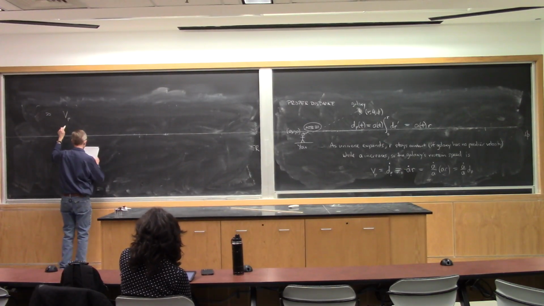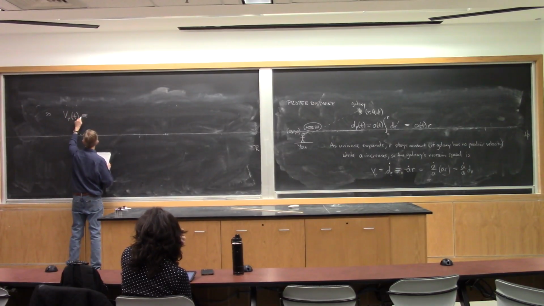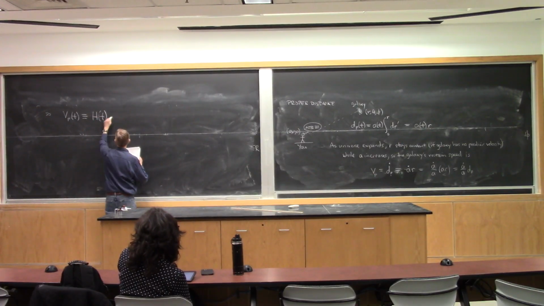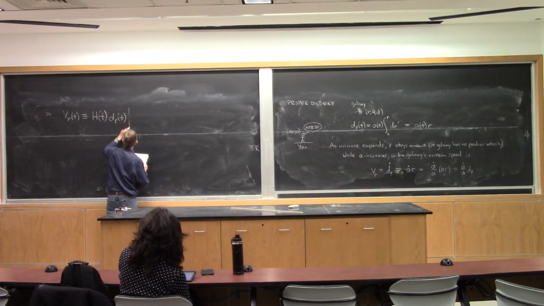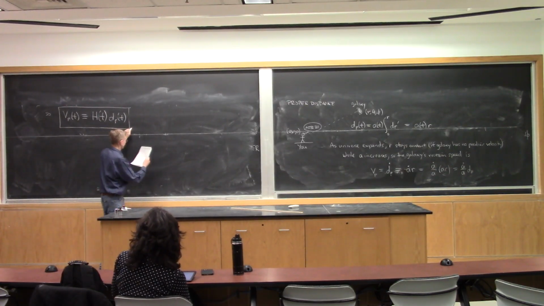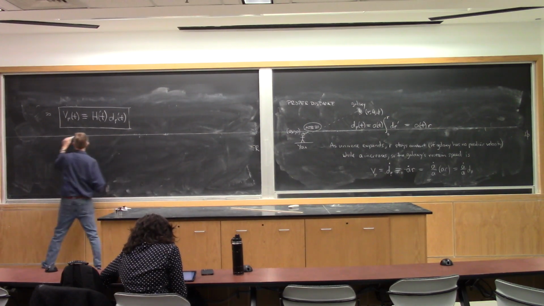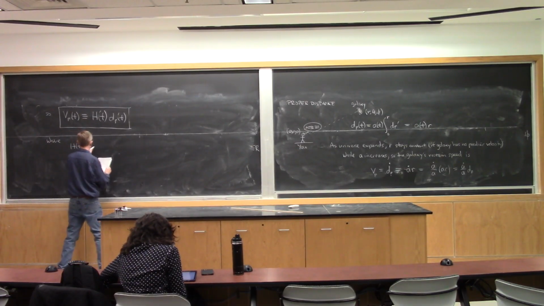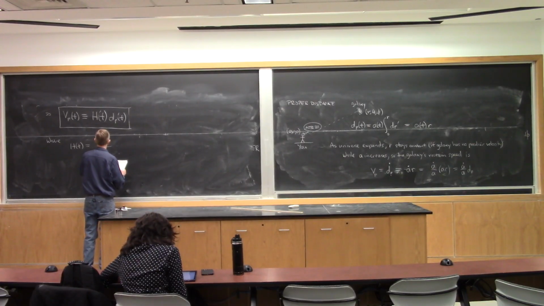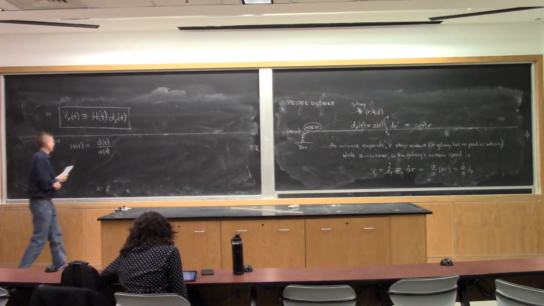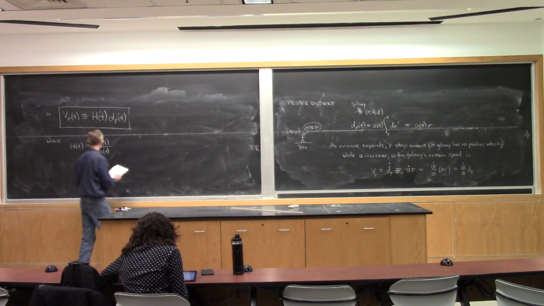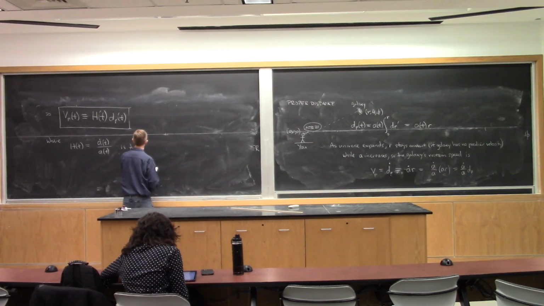So Vp as a function of time is equal to, let's call that H of t, times its proper distance as a function of time, where H of t is A dot over A at time t, the derivative of the scale factor with respect to time over the scale factor itself. It is the Hubble parameter.